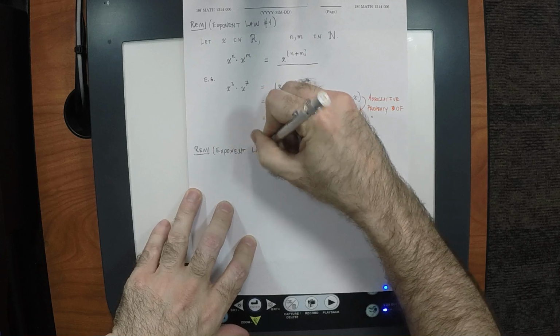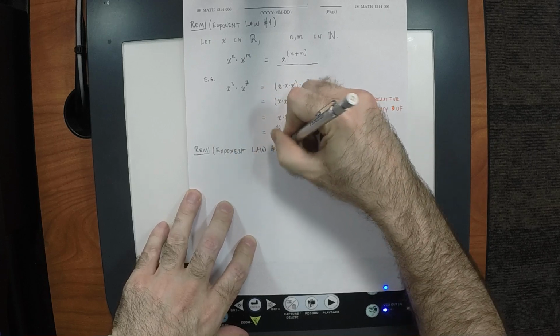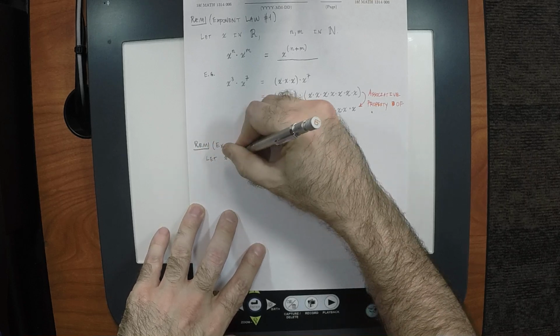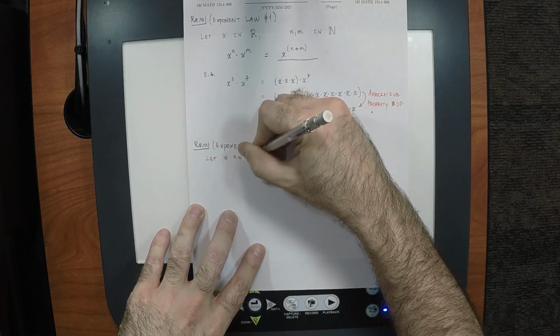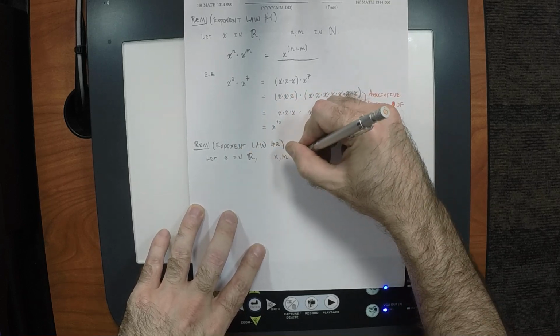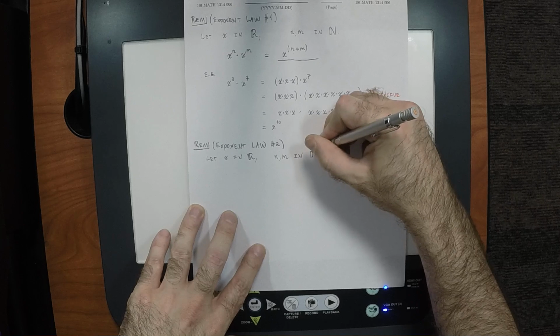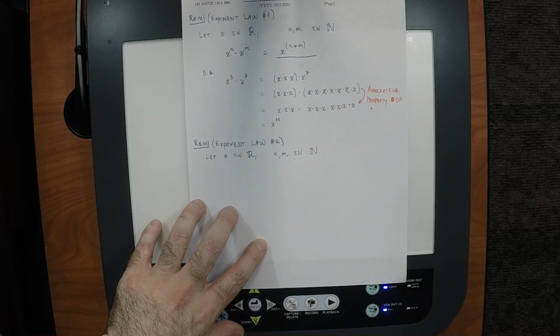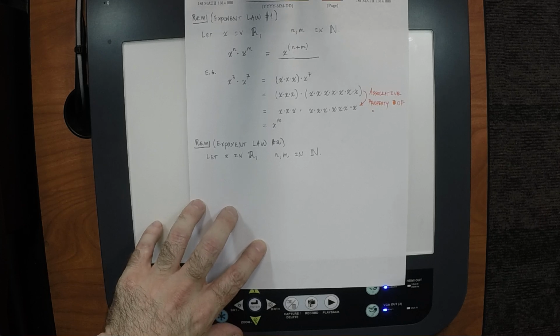So exponent law number 2. Let x be in the reals, and again, we need two naturals, n and m. Again, we're going to take some expression, and we want to figure out what's going to be the shortcut rule.